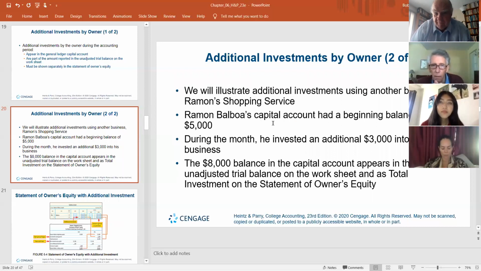Ramon's capital account had a beginning balance of 5,000 from last month. He invested another 3,000. And that 8,000 balance is what he has before he starts resolving his net income.